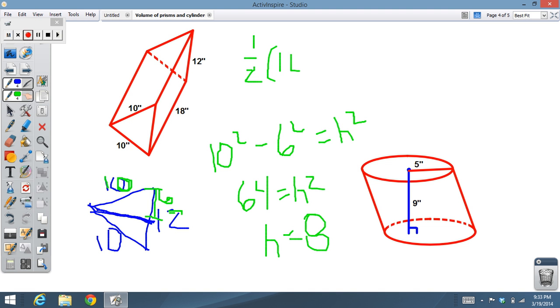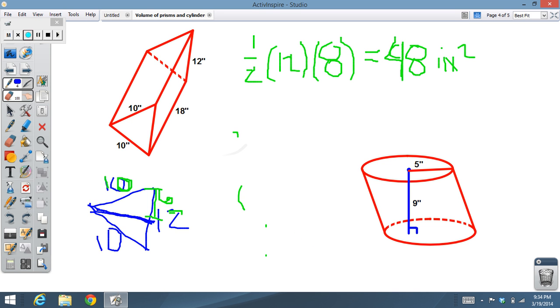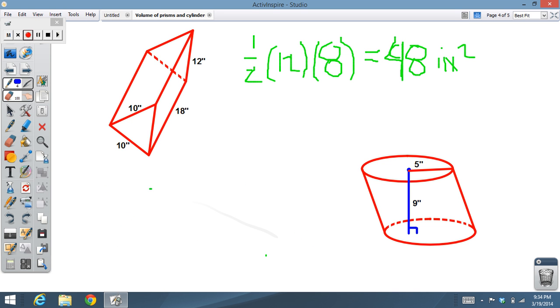So let's use that with our base of 12: one half the base times the height must equal the area of the triangle, that is 48 inches squared. With me on that? Making sense? Let's get rid of that stuff, because the real point of this lesson is not to find the area of the base itself. The real point is to find the volume of the prism.